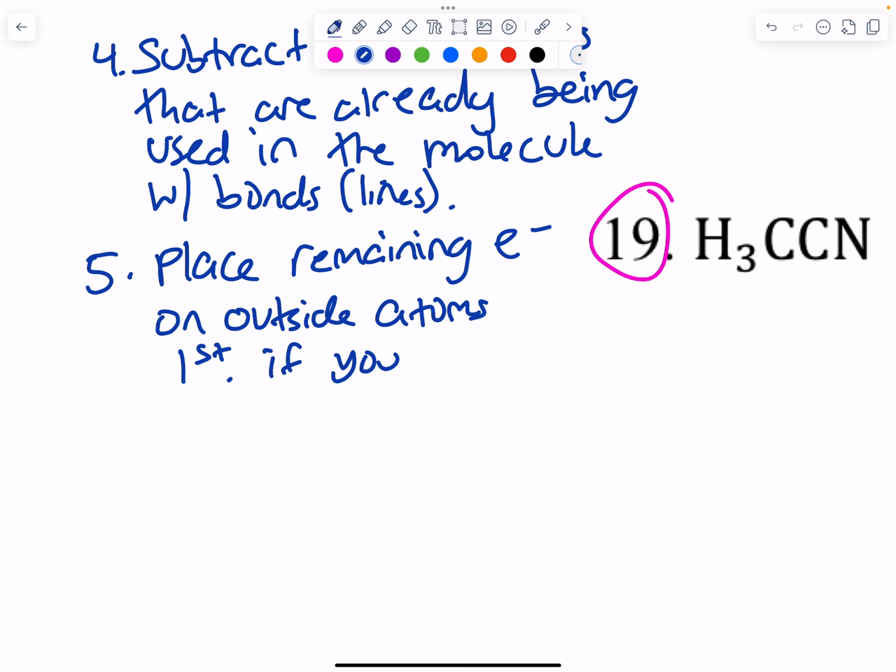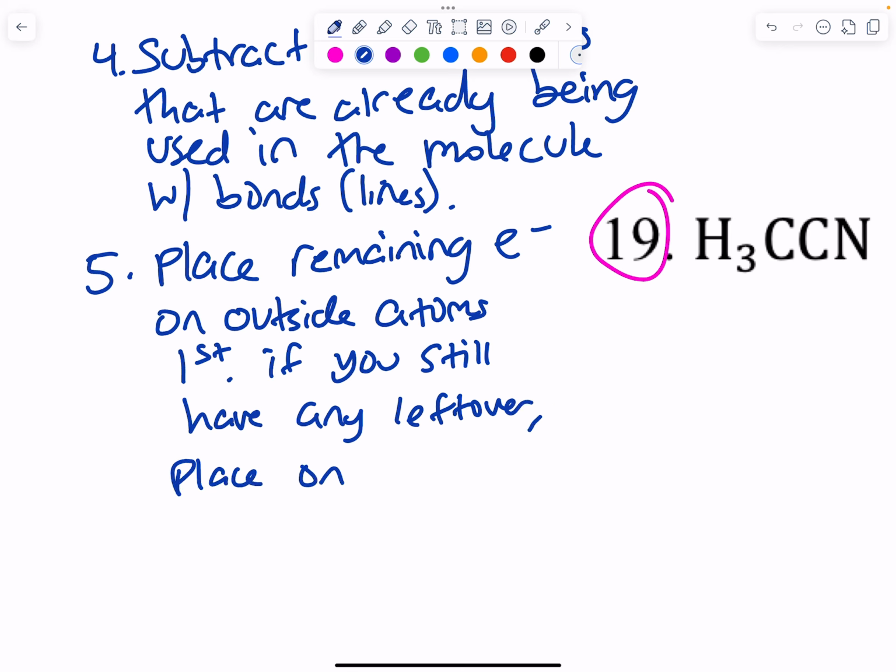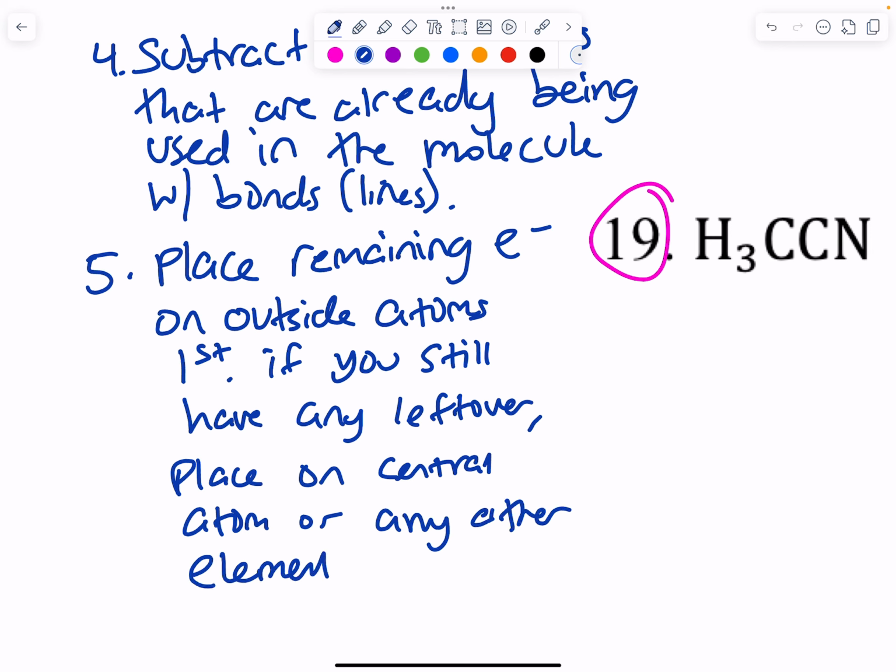If you still have any left over, place on central atom or any other element nearby. Oh, jeez, I cannot write and I hate this iPad. Sorry, guys.